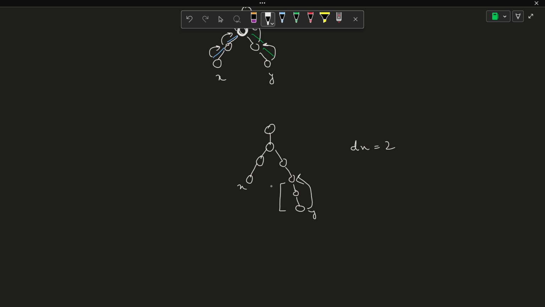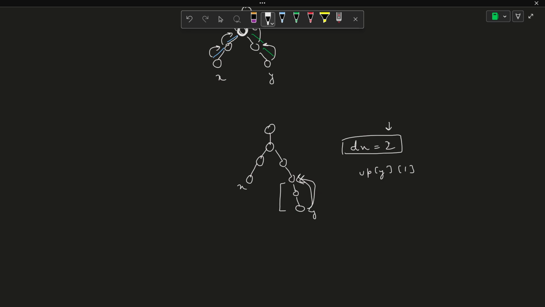We have found the difference between the depths, which means y needs to move 2 times upwards, towards the 2nd parent of y. So I can make y move here by finding up of y of 1. 1 in this particular case because it is the 2nd parent, so 2 raised to power 1 is 2.